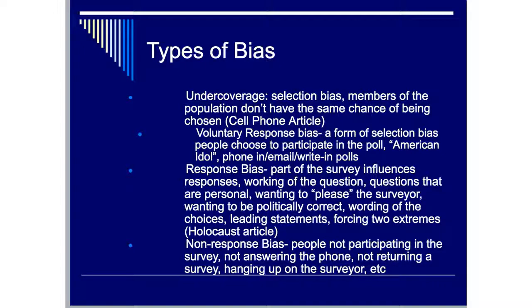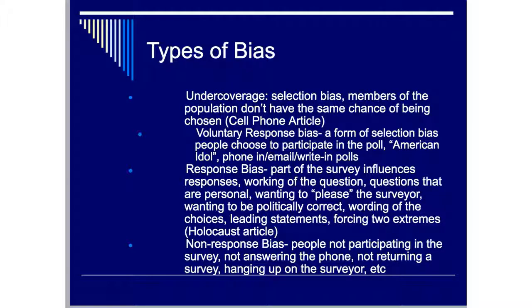If you ask their name first, their anonymity is gone and they're unlikely to be truthful. That's response bias. There's lots of different forms of response bias. Standing outside of a bar: do you think drunk driving is right, as they're getting into their car? Probably not a good idea to ask that question there.